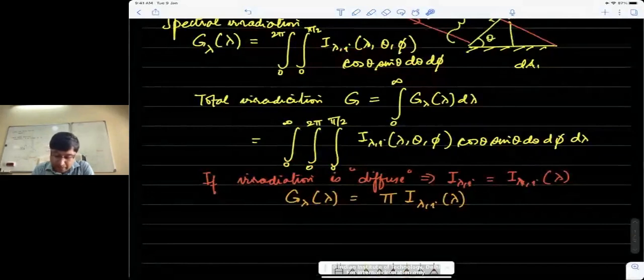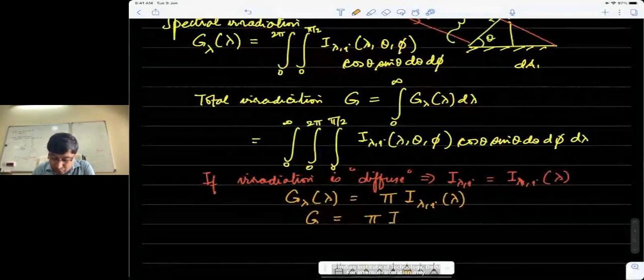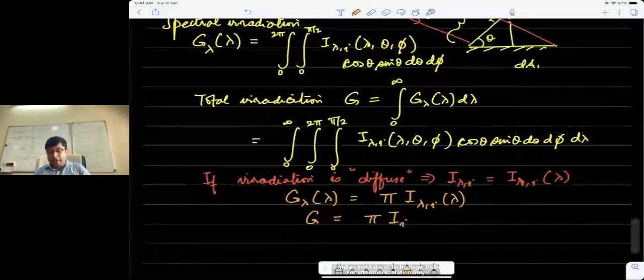So we should get G_λ to be π times I_λ,i, and G, which is the total irradiation, would just be π times the total radiation intensity, which is essentially sum over all λs.